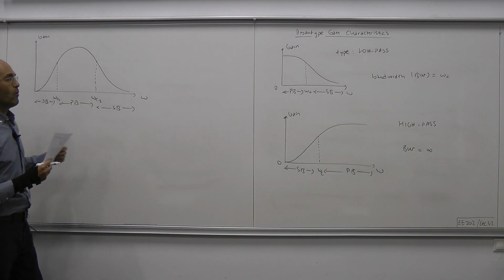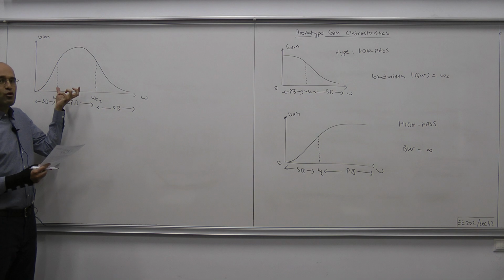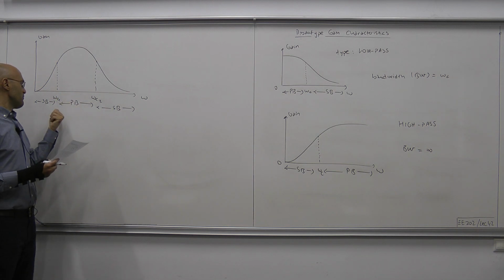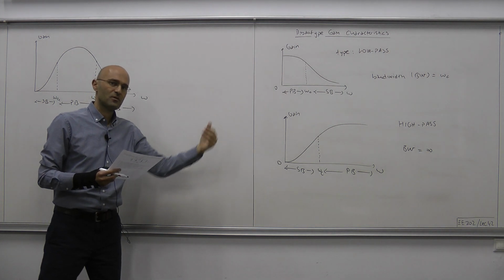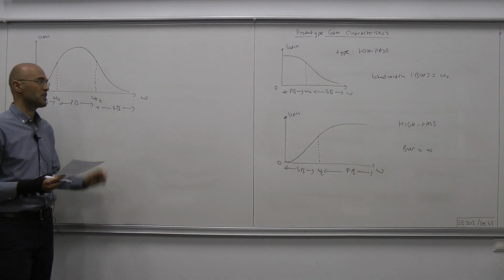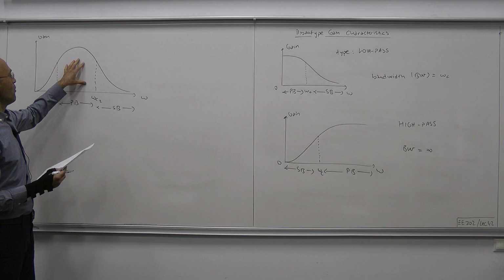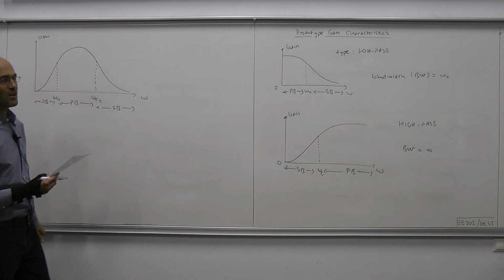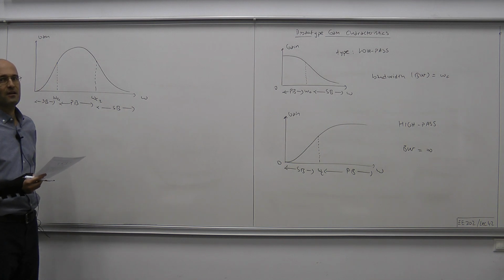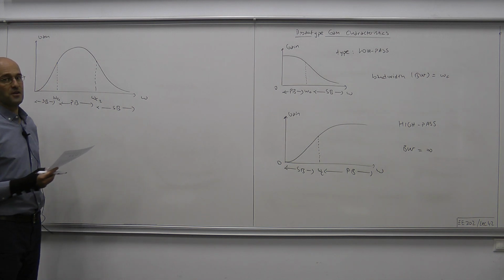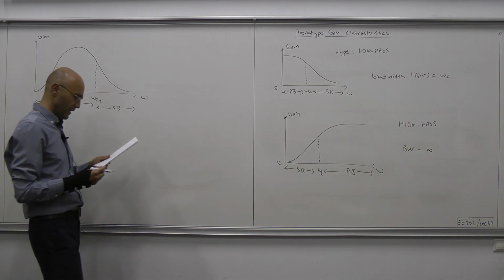Okay, now since only a range of frequencies, from some frequency omega c1 to omega c2, are allowed to pass to the other side in a significant sense, this type of gain characteristics is called band pass characteristics, or band pass filter characteristics.